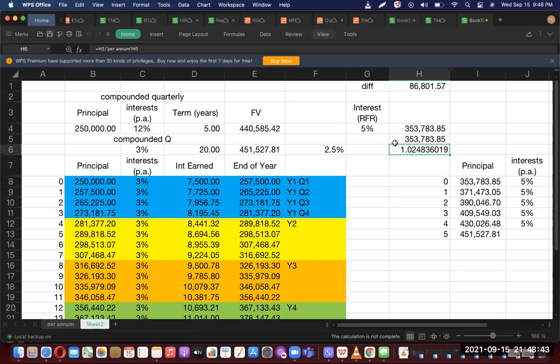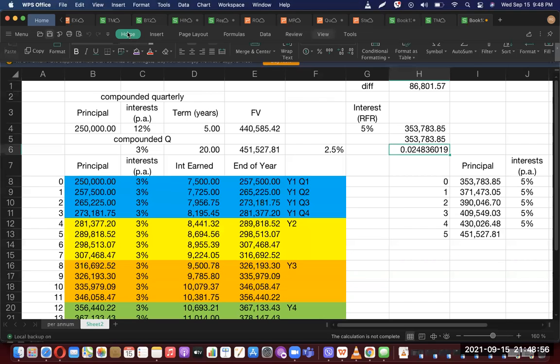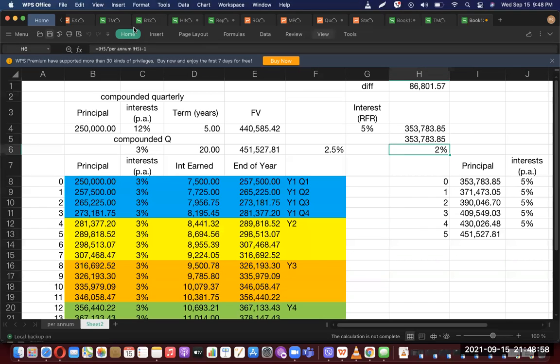Same, of course. We still minus 1 here. That's why the true value comes out, the true interest. So this will become 2.48%. Okay? So the same as what we have here. So about 2.5%. That's it.